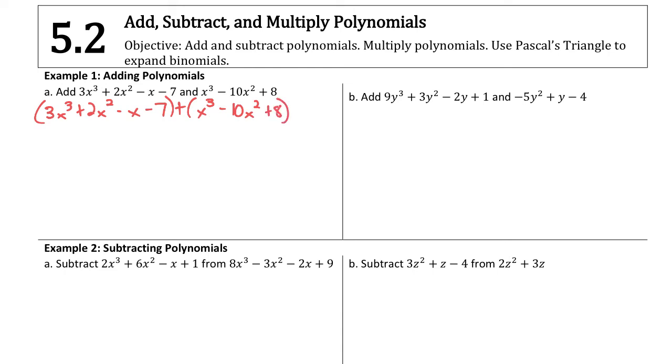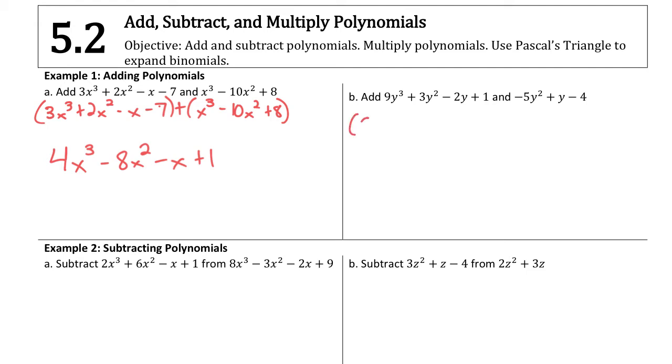So I look for like terms. 3x cubed and x cubed added together, 4x cubed. 2x squared plus negative 10x squared is negative 8x squared. Negative x plus, no like term on that side, stays negative x. Negative 7 plus 8. Those are constants. Those are like terms. So you're looking for like terms and you're combining them.